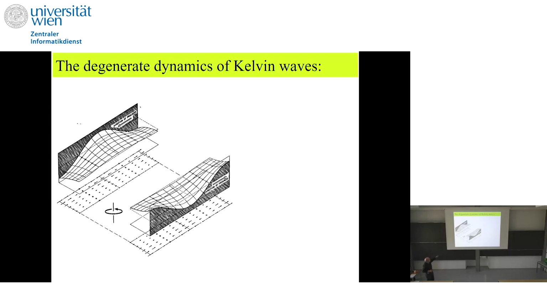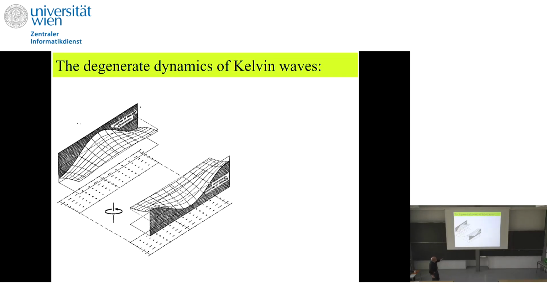So if we have a channel here, what you see is the exponential decay of the waves in the direction of either plus y or minus y. Again, everything here is rotating. And of course, there is u that goes along with this change in sea surface, but this is along the wall.